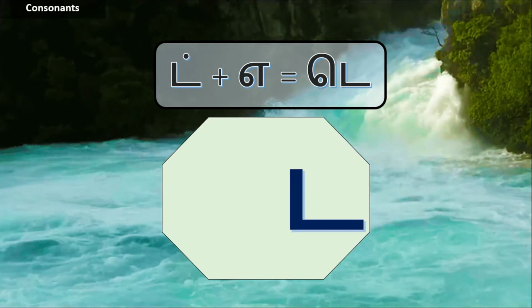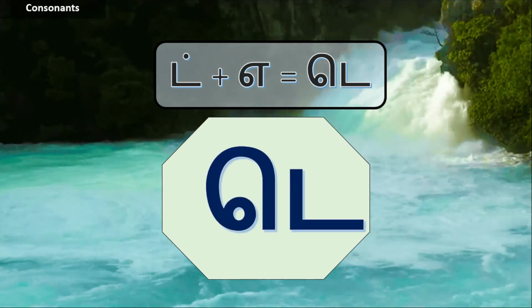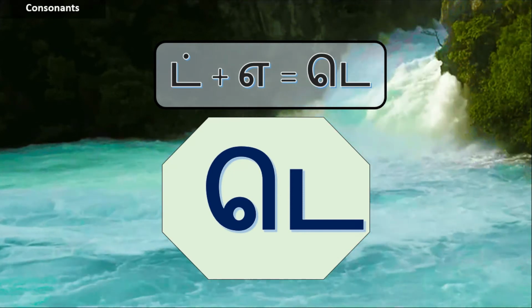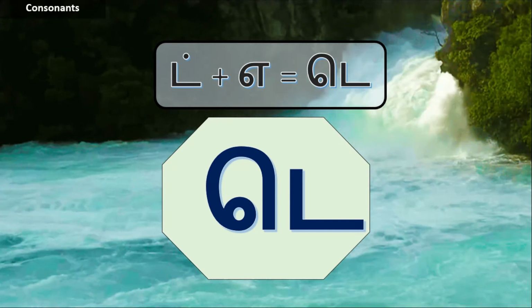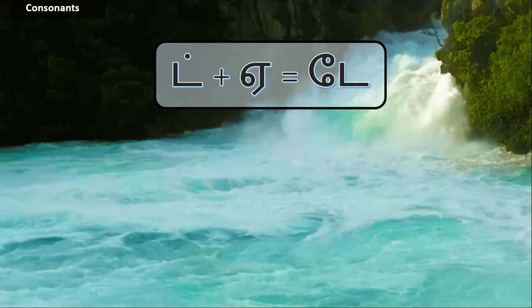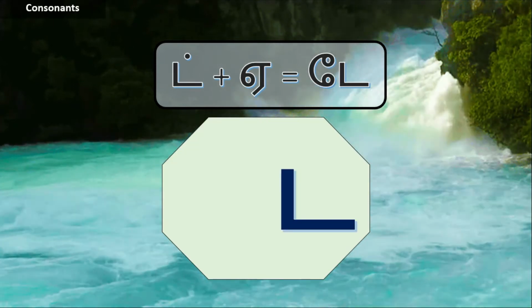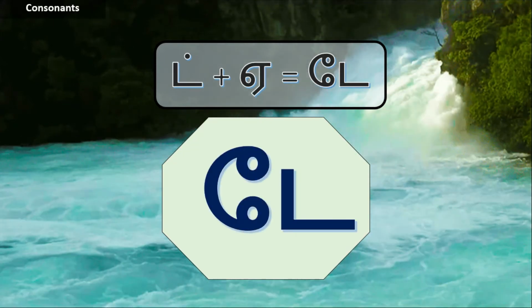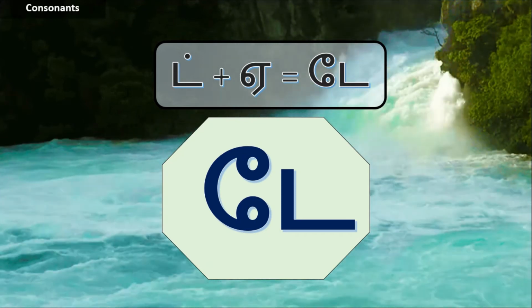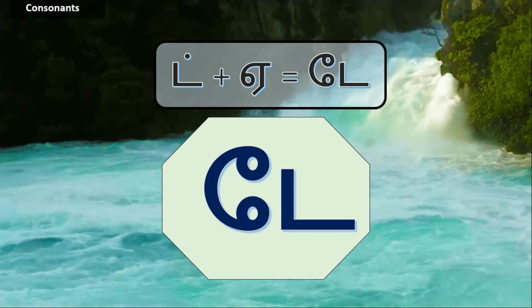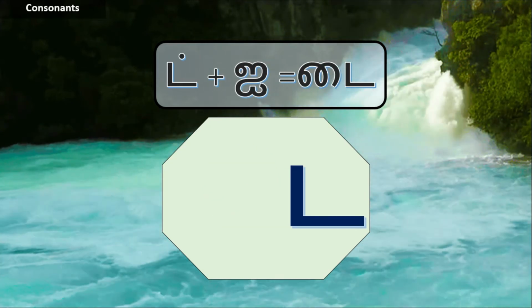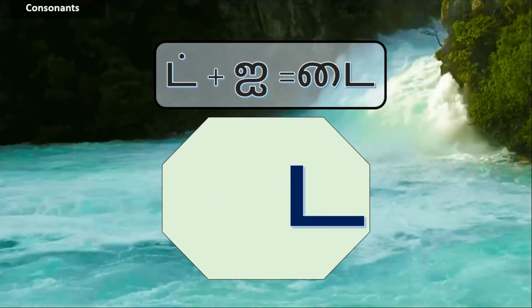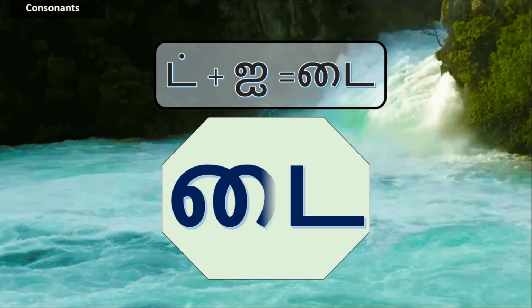For te, we have ta prefixed with ஒற்றை கொம்பு. How to write ஒற்றை கொம்பு we will read later. For te, we have ta prefixed with இரட்டை கொம்பு. For writing this இரட்டை கொம்பு also we will learn later. For tai, we have ta prefixed with இரட்டை சுழி.